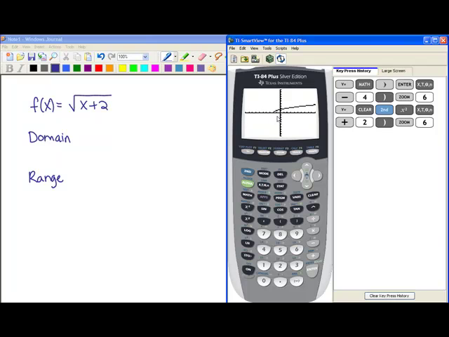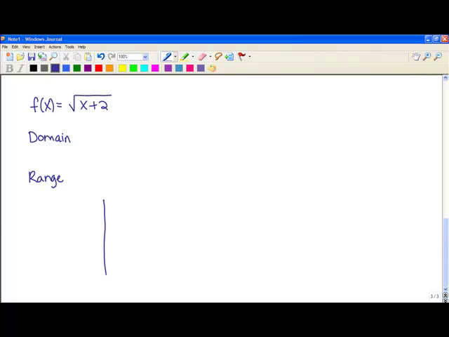Alright, so this is a look at the graph. Looks like it starts at negative 2 and continues upwards to the right. I'm going to go over here and sketch the graph. Okay, so the graph starts at negative 2 and goes over to the right. Now let's do the domain first.